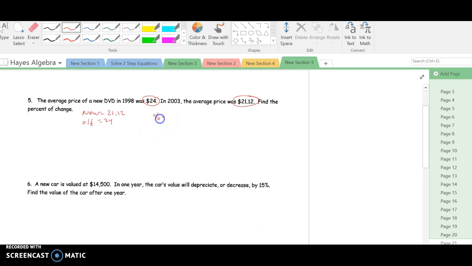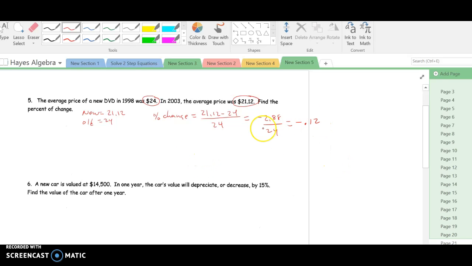So the percent change here is going to be 21.12 minus 24, all divided by the original, which was 24. Now, 21.12 minus 24 gives you negative 2.88, divided by 24, and that gives you negative 0.12.